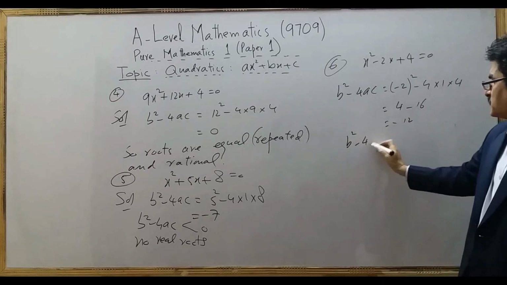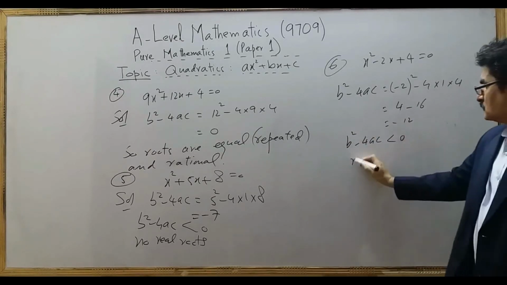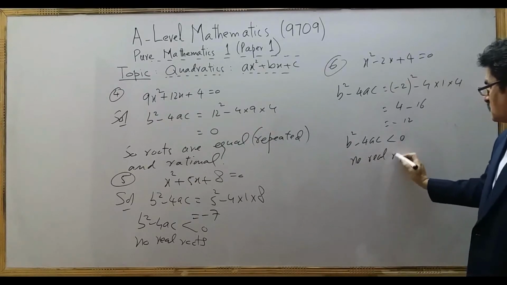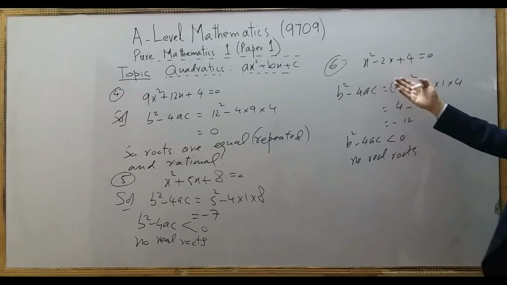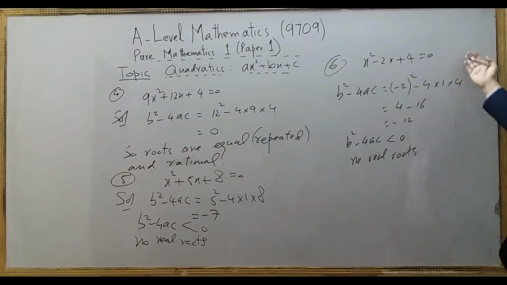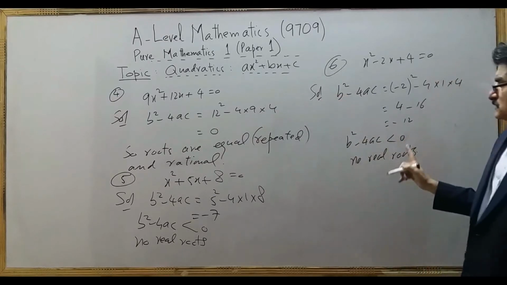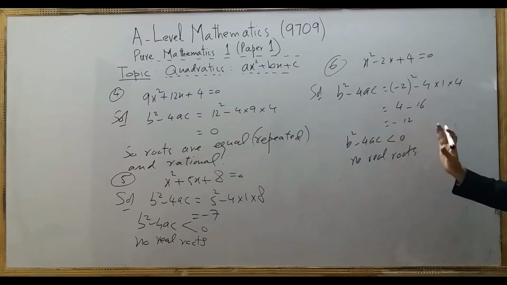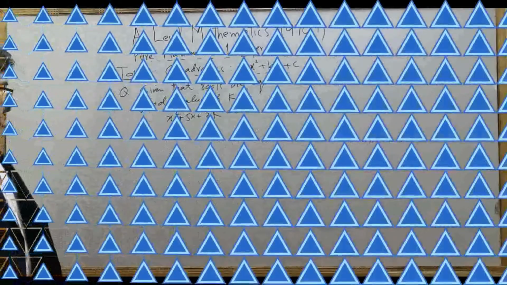So now again b square minus 4ac is less than 0, so no real roots. If you actually solve this equation, then you will find that it will have no real roots. But here you are not asked to solve, you are just asked to determine the nature. So you will do only these steps which I have done for you.